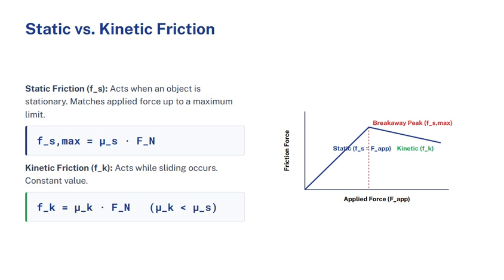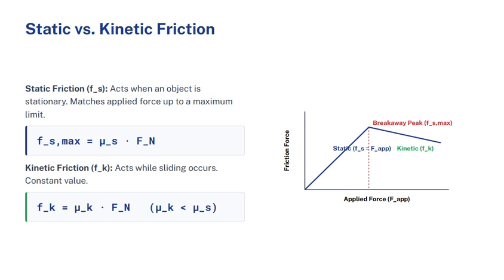Okay, so static and kinetic friction. Static friction is when an object is stationary, and that means there's the most friction, because when something's at rest, it's harder to start moving it, so you've got to get it moving. But if it's kinetic, it's already moving, so it's less.